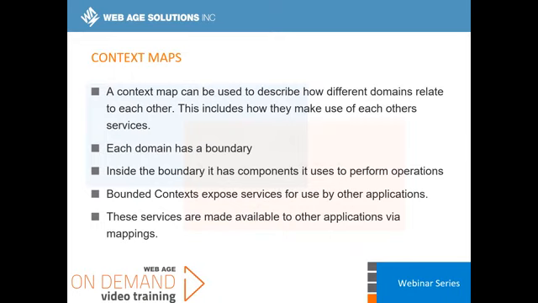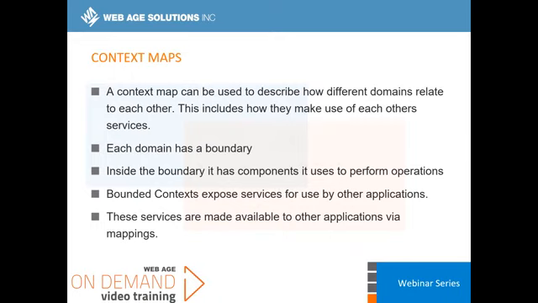So we call the contexts bounded contexts because each domain has a boundary. Right? So we're not as concerned with what's inside the boundary. Whatever the components are that are being used to perform the operations available from that bounded context, whatever those services are being used by other applications, are implemented in a way that I don't care.